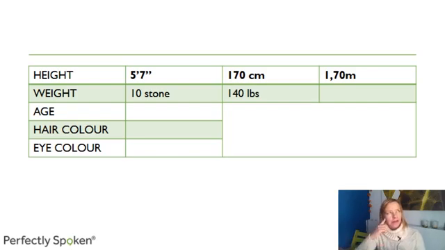There are, I believe, 14 pounds to 1 stone. So in British English, we still talk in stone, although a lot of people now also talk about kilos, kilograms, okay? And notice we say 10 stone, not 10 stones.